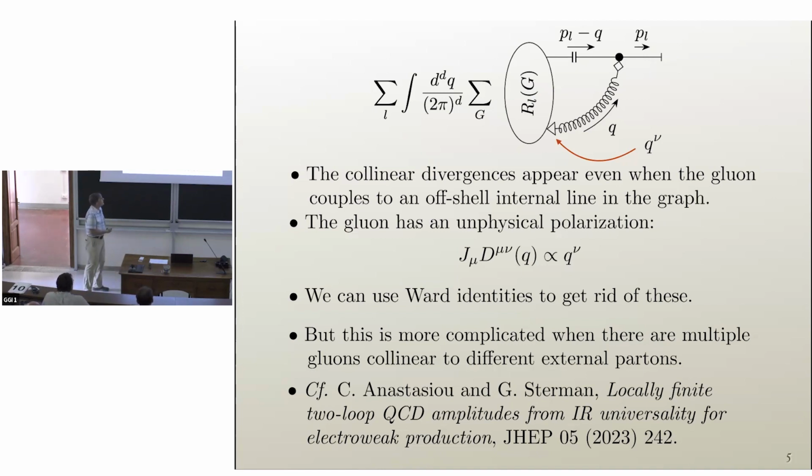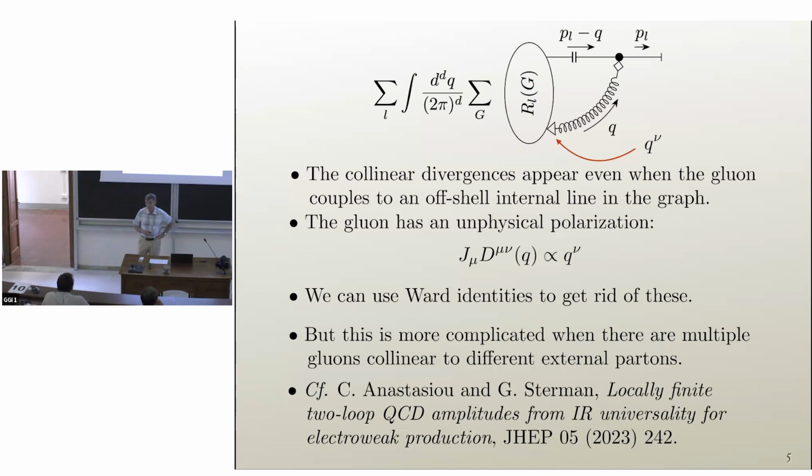That helps because you can use Ward identities based on this Q^nu factor to get rid of these gluons, and you just connect it everywhere in the graph and it'll cancel everywhere except where you don't connect it, which is this external line. So that works just fine, and that's the way people mostly do it, at least at first order.